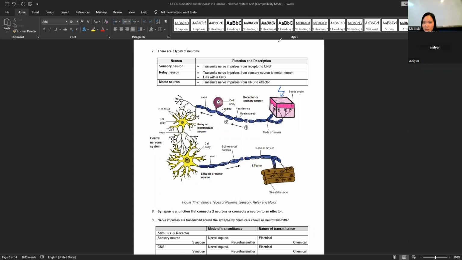Okay, stimulus will come in, and then the receptor here will generate a nerve impulse. The nerve impulse will move along the dendron. Then it reaches the cell body. Then it passes along the axon before going to the next cell. In this case, it will be going to the relay neuron.